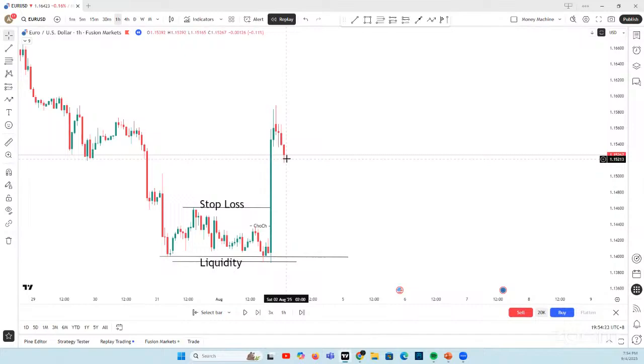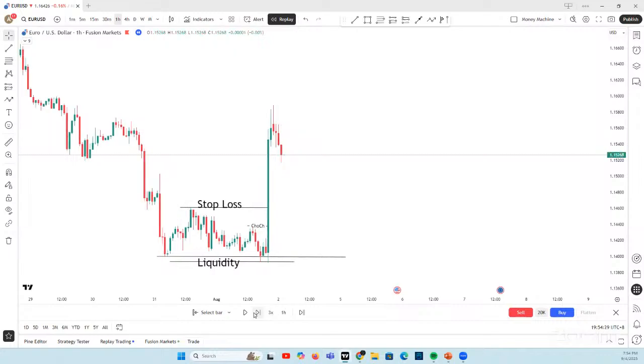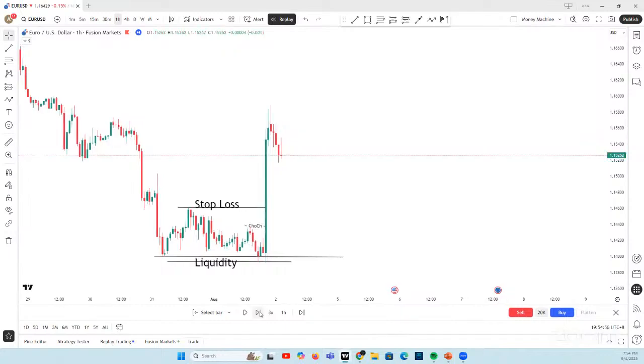But to sum it all, it's called a point of interest. So let's see, is there an FVG now? No, there is no FVG here. It's overlapping already with this candle, and so it is not valid. So let's see if there's any point of interest we can see here.